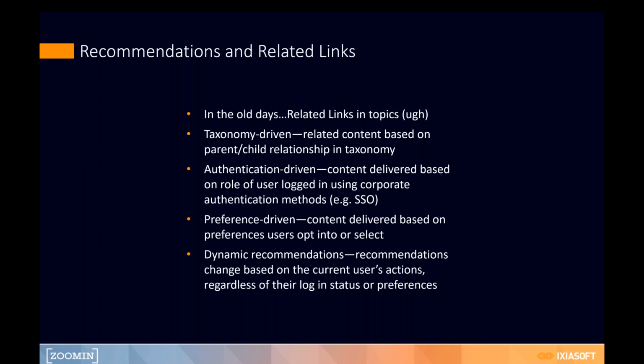The third would be the preferences that we talked about earlier. We have actual opt-in where people say, yes, I'm interested in this topic. So we're going to make sure that the related links either weight higher the ones that they have a preference for, or just include the ones that they have a preference for.